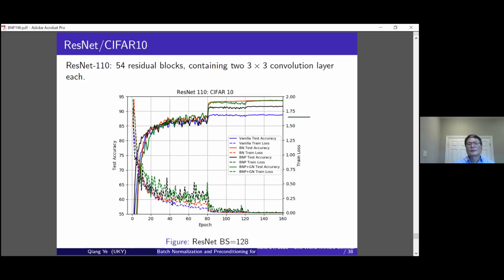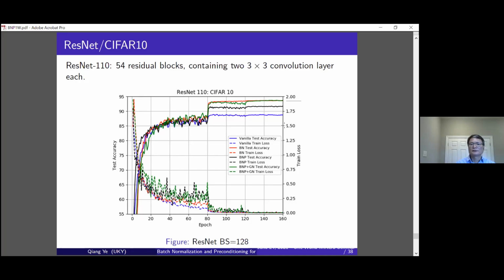For this ResNet, the best setting involves several things. We follow the original setting of the ResNet, so there's a learning rate decay at the 80th epoch and then the 120th epoch. The blue line is the plain network, and the red line is the BN network.